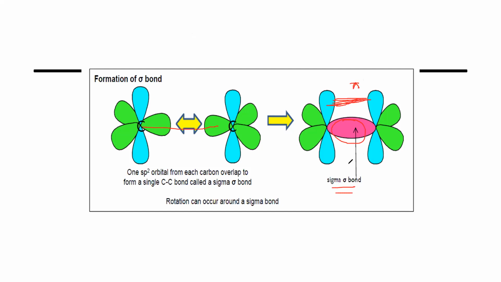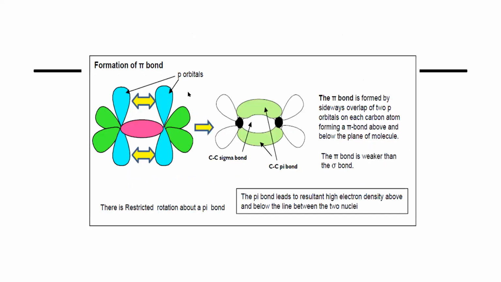So which kind of bond will this result? This will be a pi bond. So first is the formation of a sigma, and then what is the formation of the pi? You can see attraction is there. So a pi bond is formed by sideways overlapping of the two orbitals above and below the molecule, and a pi bond is weaker than a sigma.